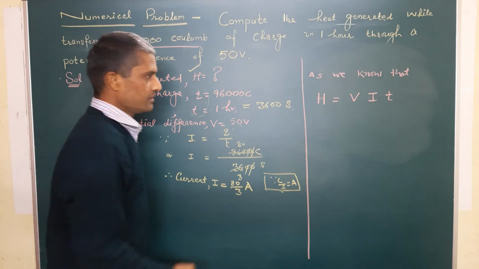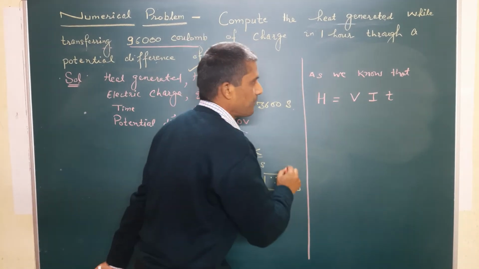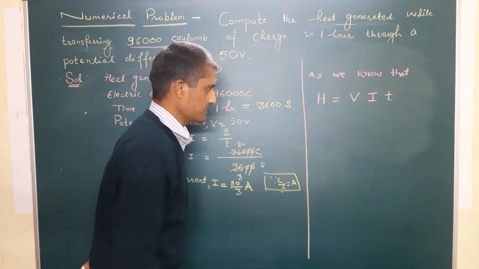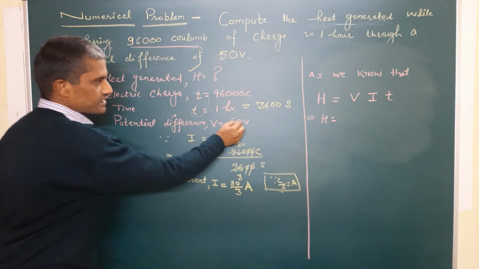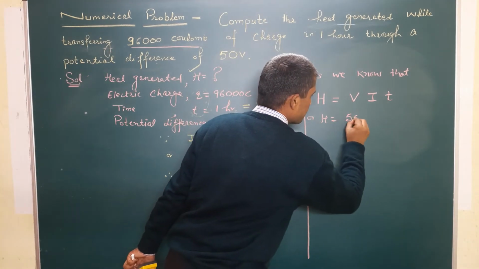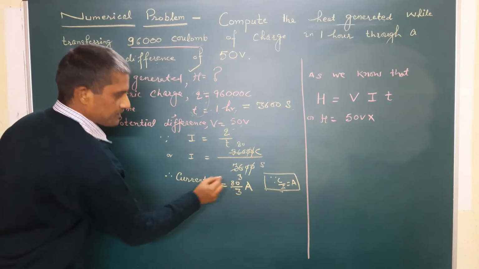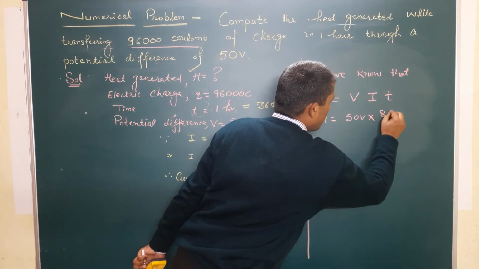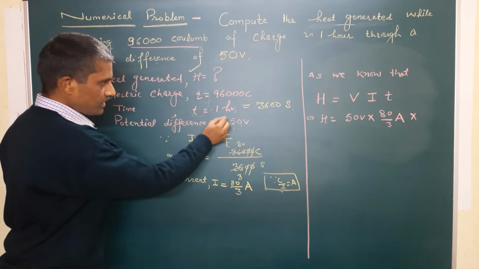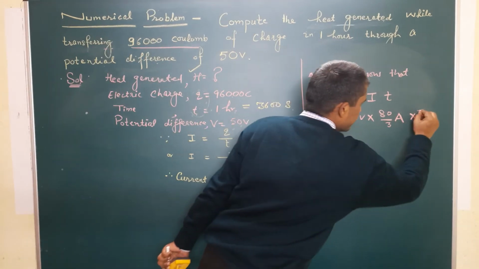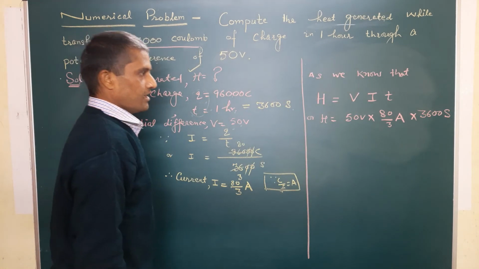That's the formula. Heat produced is equal to the product of voltage, current, and the time for which the current flows through that very conductor. Or H is equal to, put the values, voltage 50 volt multiplied by current I, which is 80 upon 3 ampere, multiplied by time 3600 second.